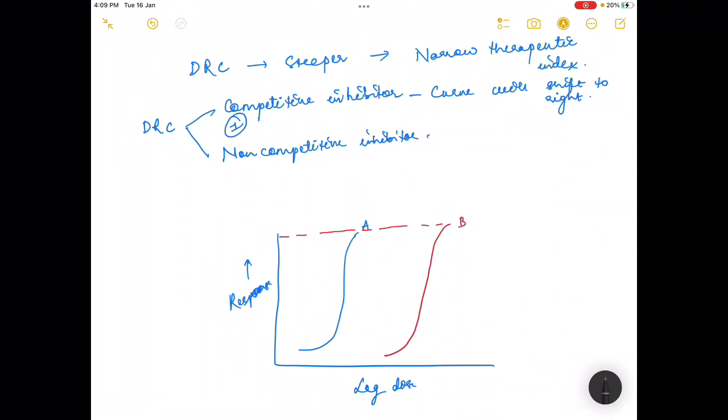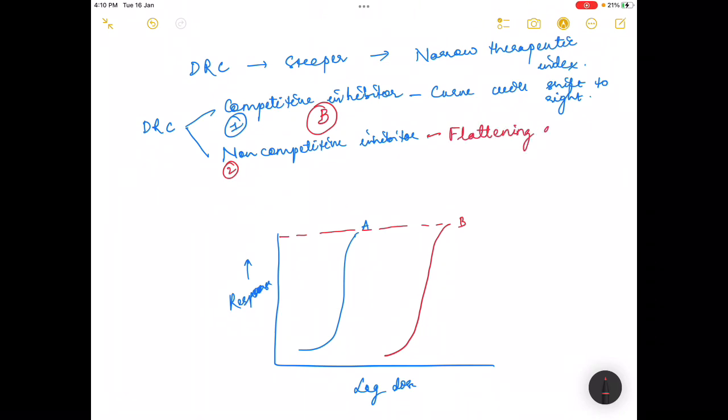Now in case of non-competitive inhibitor, there will be flattening of the DRC. That is, the efficacy decreases.